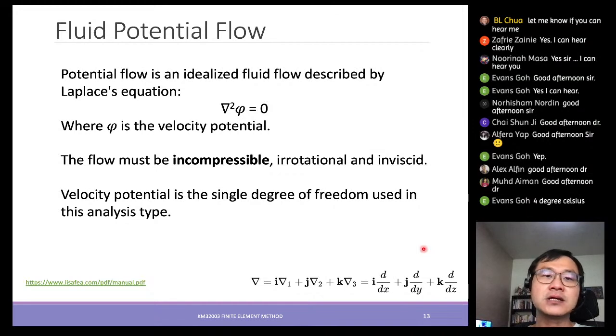Then next is the fluid flow potential. This is basically just to go through quickly that LISA FEA and most finite element software may come with a manual. That manual will tell you what formulas have been used in their calculations.